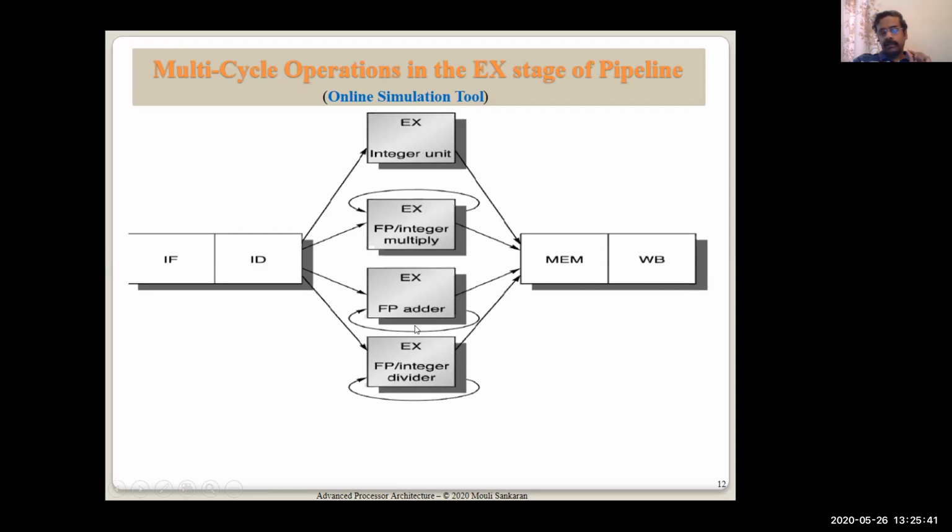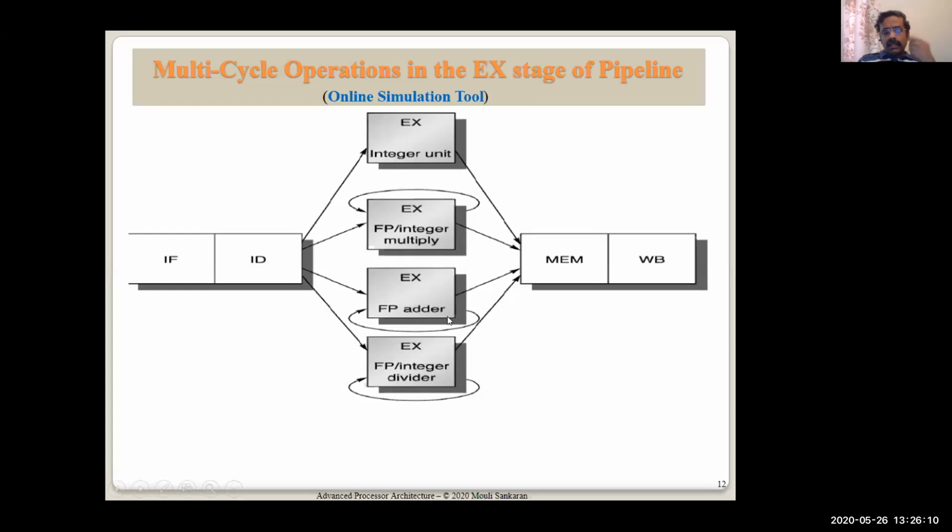Whereas mostly in integer arithmetic, in addition especially, it is always one cycle, whether you are adding 1 and 2 or 1000 and 2000. It is going to take only one cycle because it's a simple combinational circuit which takes the 32-bit or 64-bit value and produces the result. So it is built into the hardware that it will do it in a single cycle.